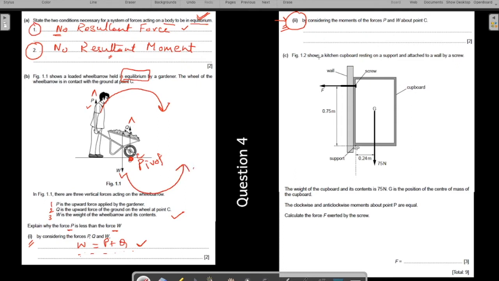When there is no resultant moment, both the moments should be equal in size. So P multiplied by its distance from the pivot, let us call it D1, should be equal to W multiplied by D2. And if you look carefully, D1 is bigger in size as compared to D2.